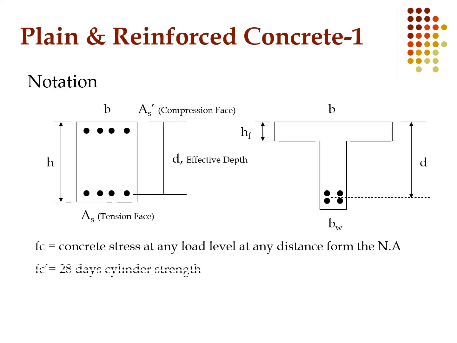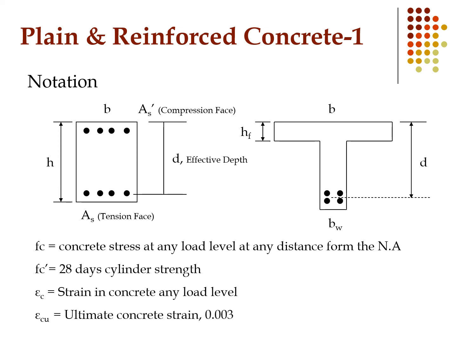Now in this slide, we will share some notations with you. Let's say we have a cross section. B defines the width of the beam. H defines the height of the cross section. The dotted portion defines the reinforcement on the tension side, denoted by As.